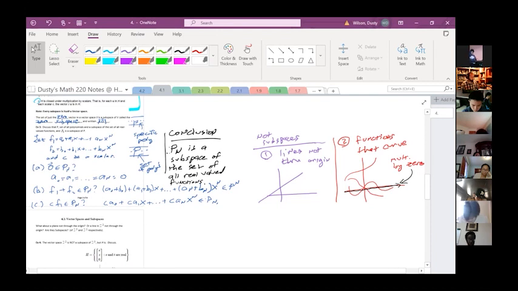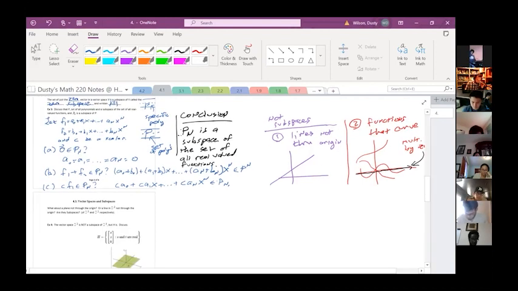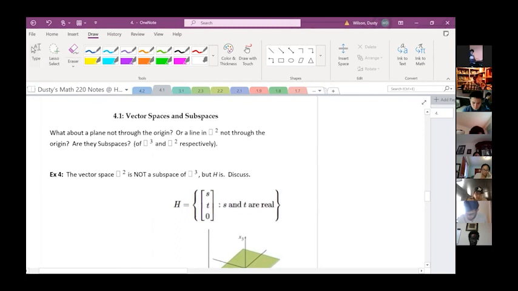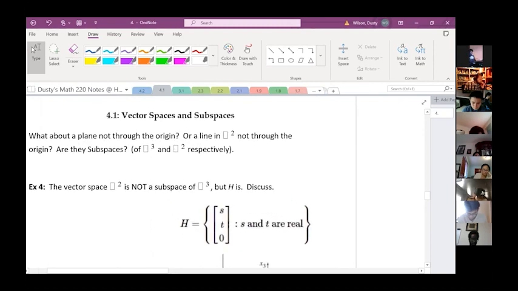Questions? Keep going. Okay, what about a plane that is not through the origin, or a line in R2 that's not through the origin?